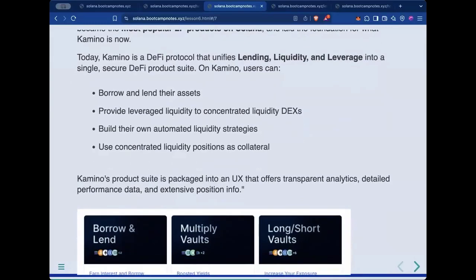The way that these things work has become more complex over time. As I was saying about the idea of the money Lego, the composability, you do get more complex financial products.